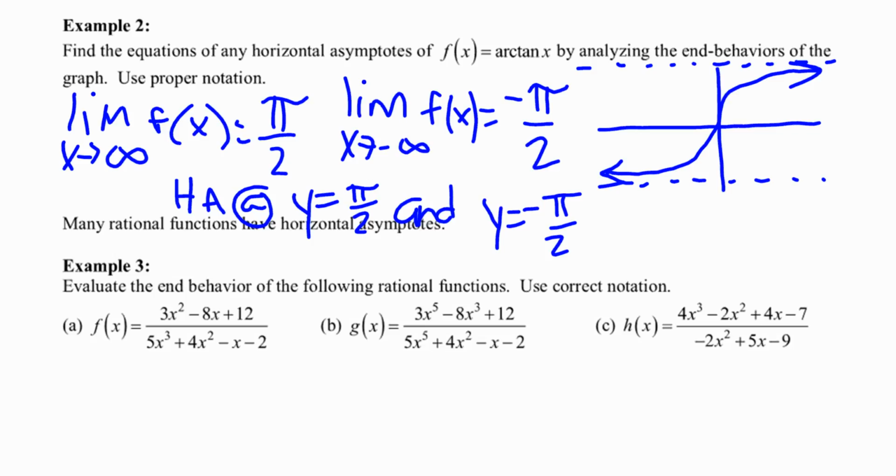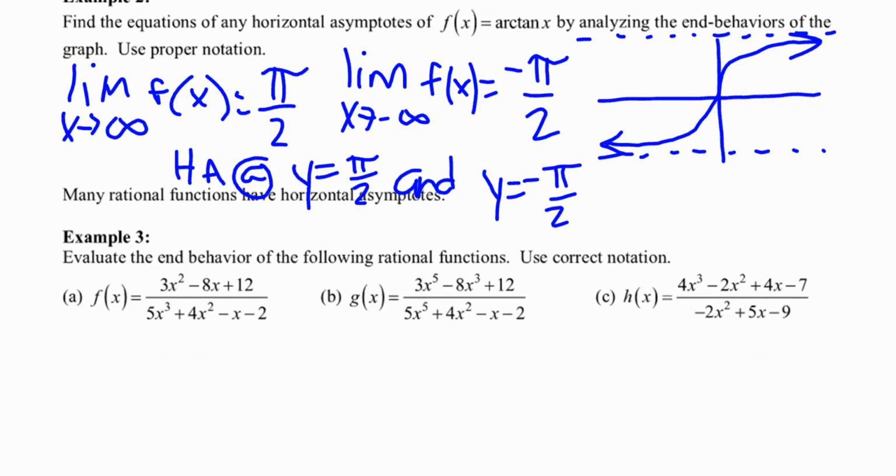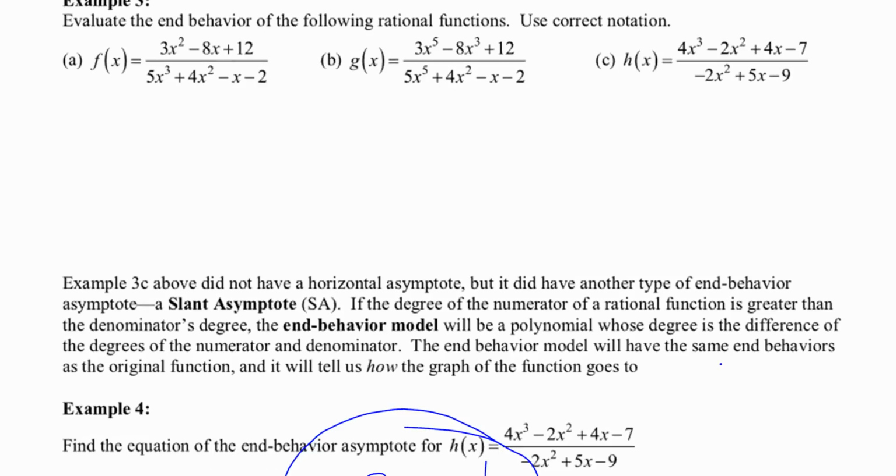And you're going to see that rational functions often have horizontal asymptotes. So in the first example, part A, the degree of the numerator is 2. The degree of the denominator is 3. That means that the bottom is going to grow so much faster than the top.